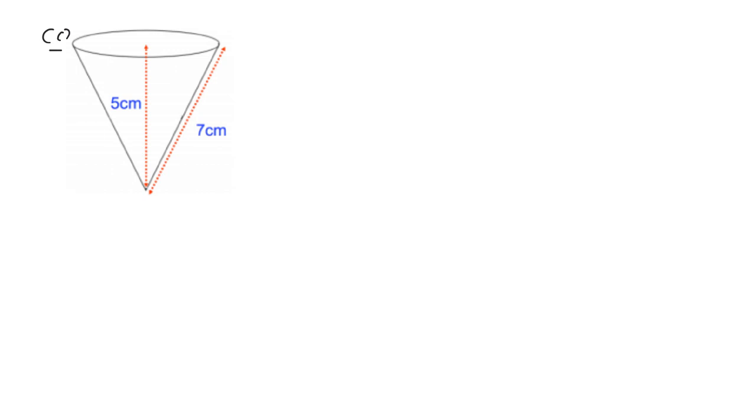Okay, for part C then, we're trying to find the total surface area. So remember, total surface area is the curved surface area, which is pi RL, plus the base, which is pi r squared. Now we have L here is 7, but this 5 is h. So we need to find our radius r. We're going to need to use Pythagoras' theorem here. So L squared equals h squared plus r squared.